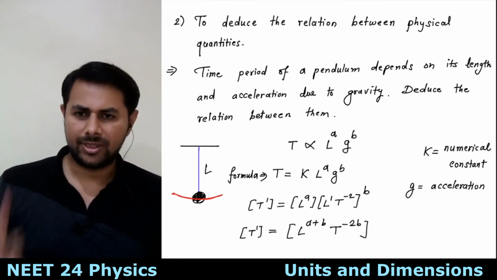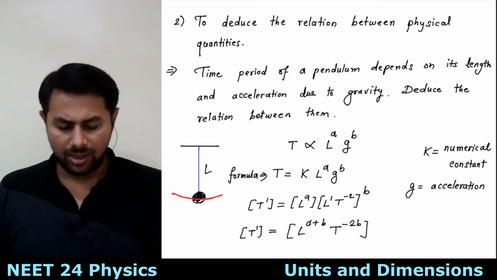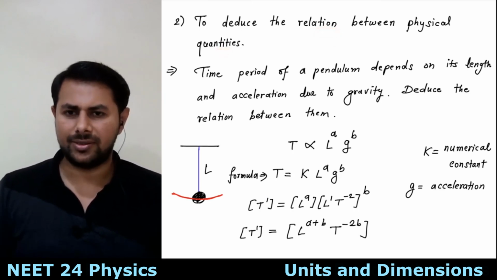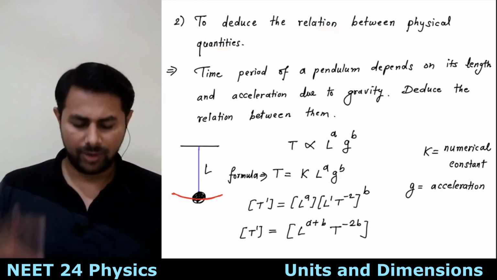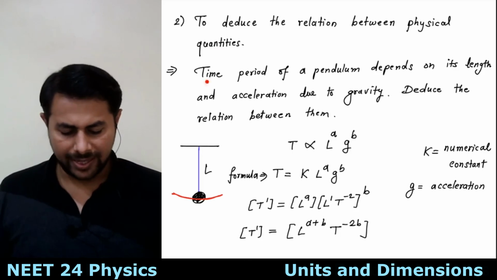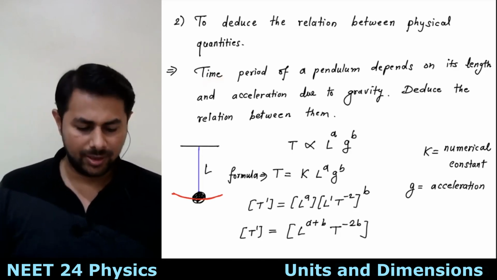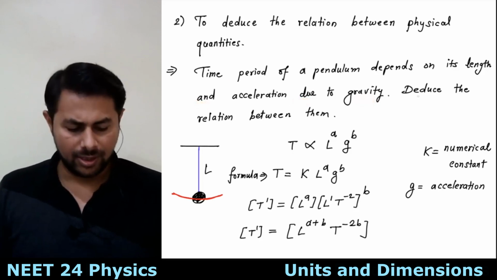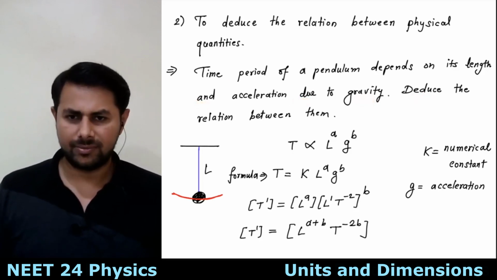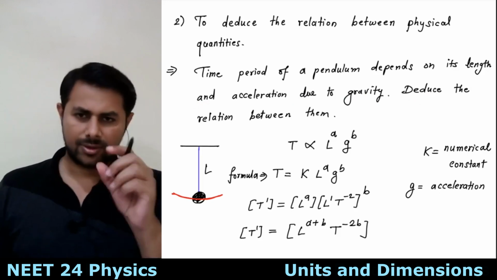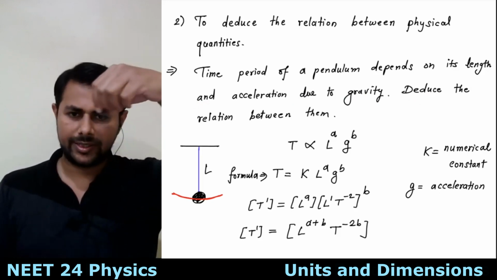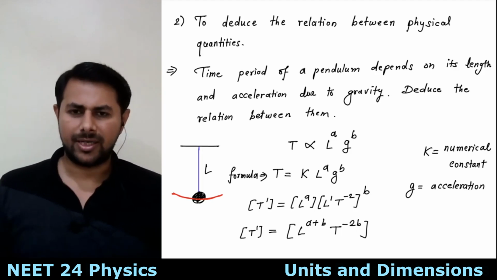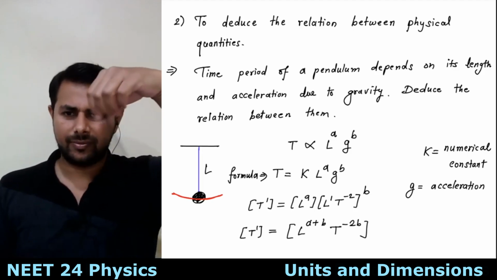So that was the first application. The next application is to deduce the relation between different physical quantities. For example, the time period of a pendulum depends on its length and acceleration due to gravity. Find the relation between them. You know the pendulum which oscillates like this. Of course you have seen a pendulum, there is a pendulum clock.